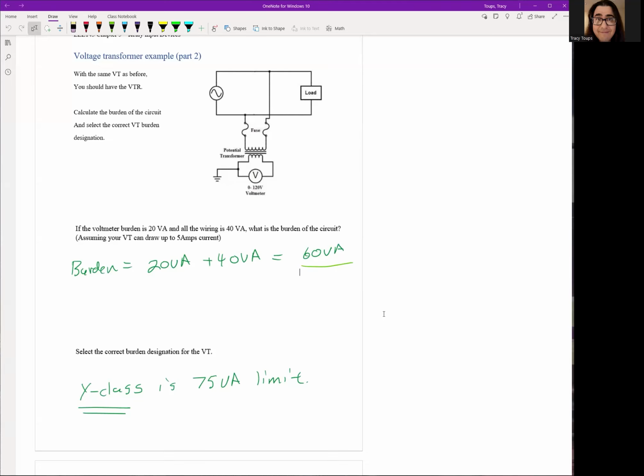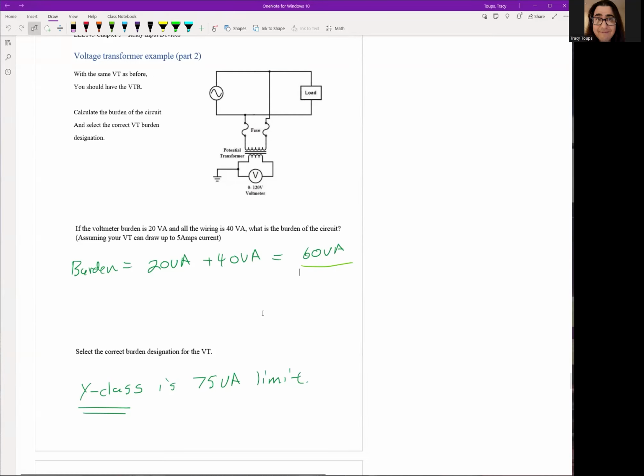Meanwhile, currents for CTs do change drastically from 50 amps to several thousand amps, so we do need a lot of options for that. If you ever look in a manufacturer's catalog, VTs only have a few options compared to CTs that could have like 50 or 60 options. So power system voltages typically don't stray away from our standardized 12.47, 13.8 kV systems.